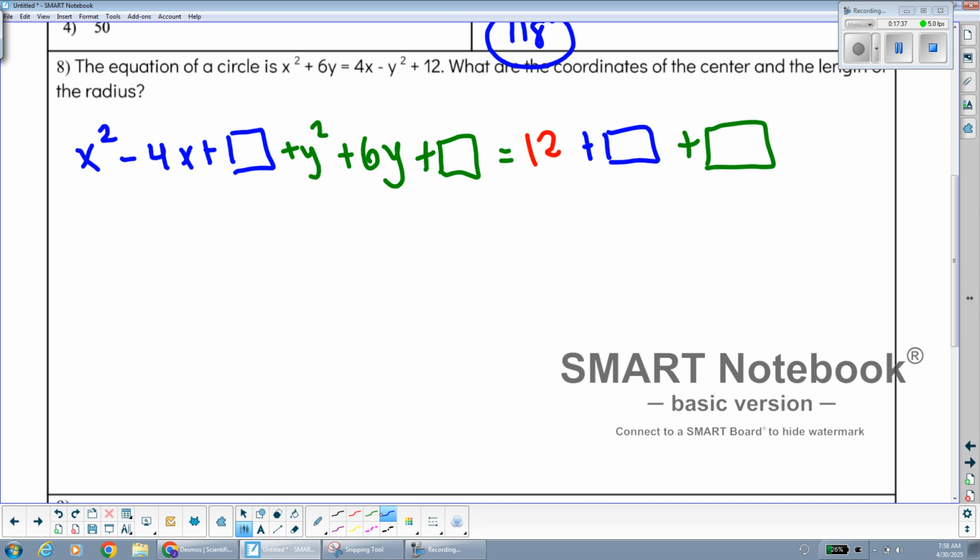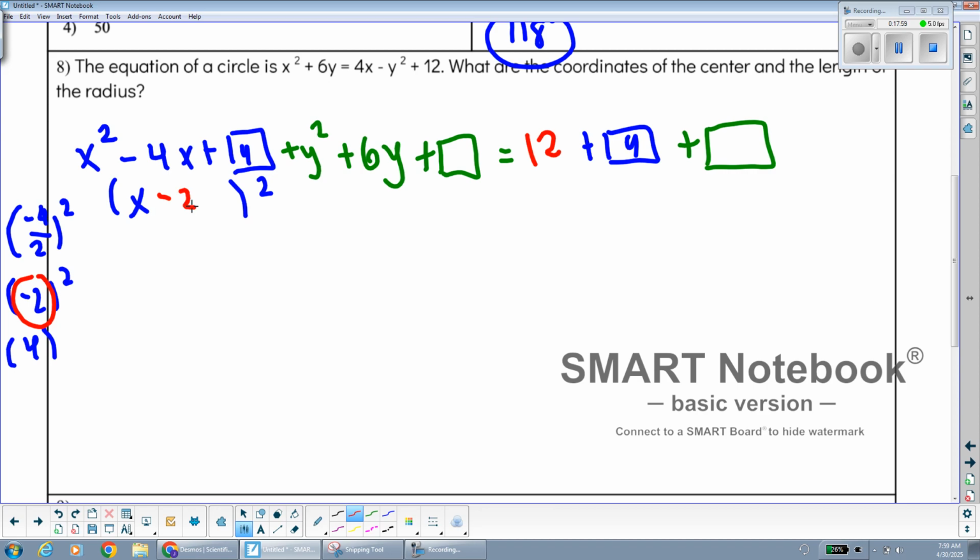Okay, so now I'm going to do my b over 2 squared. So negative 4 over 2 squared for my x terms. Negative 2 squared, and that's 4. And then I can just really quickly factor this. The b over 2 before you squared it is what this is going to factor to. Okay, now I'm going to do my b over 2 for my y terms.